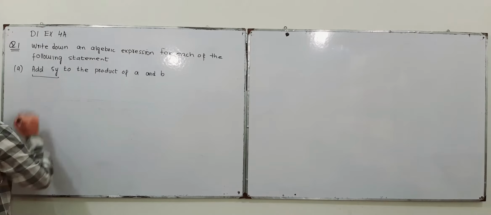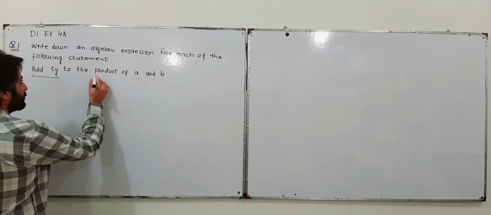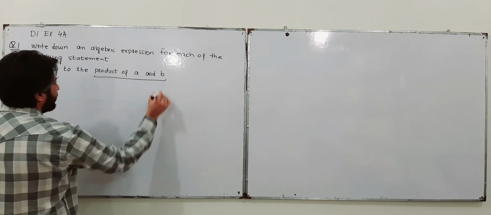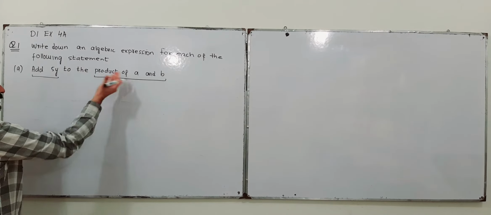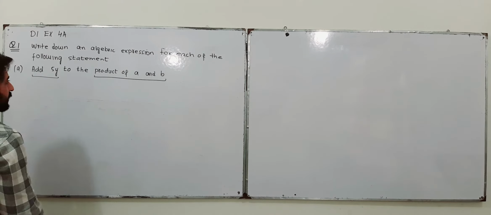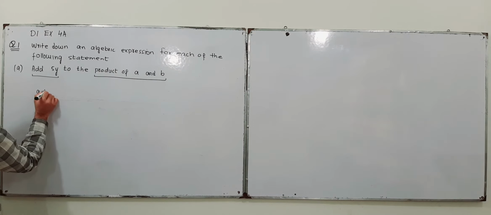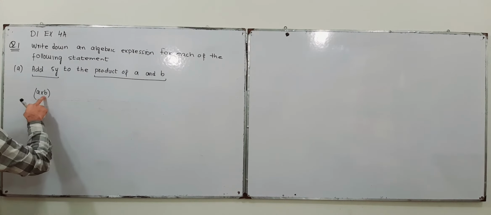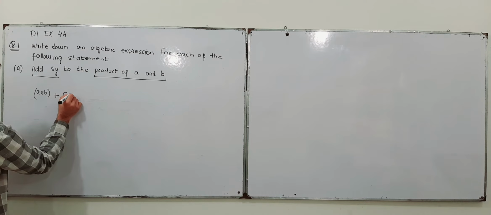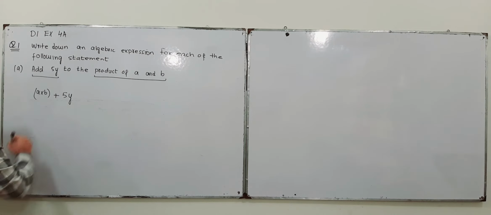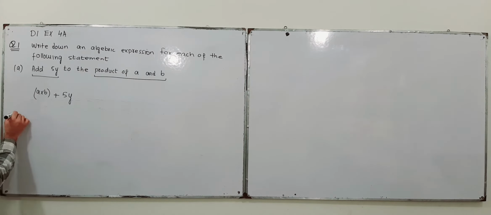This is to be performed later, because we need to take the product of A and B first, and then we will add 5y to the product of A and B. The product of A and B means multiply A and B, that is A into B. Now this is the product of A and B, and now you can add 5y to this. This is the required algebraic expression for this statement.